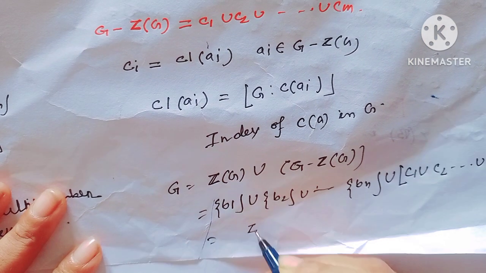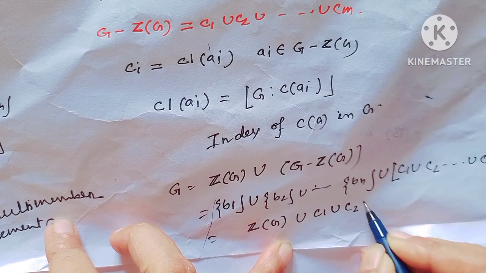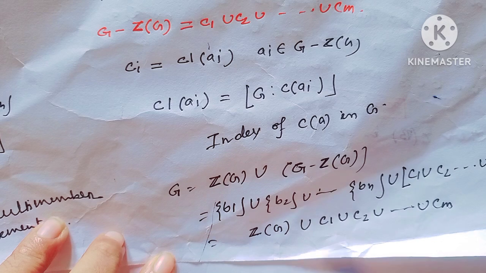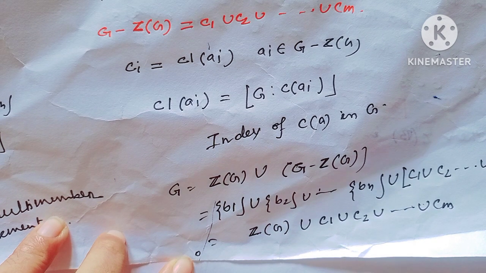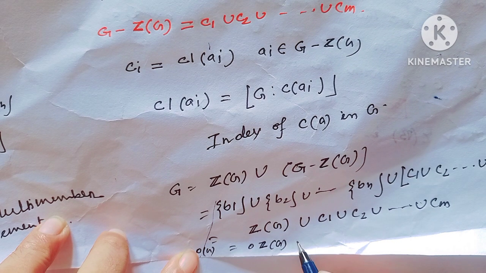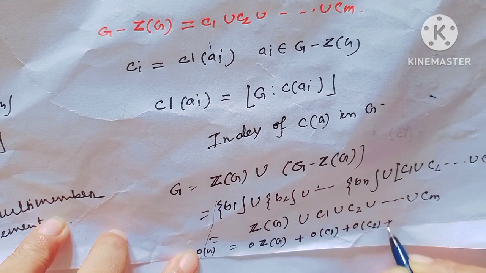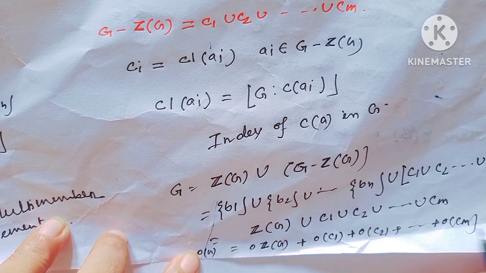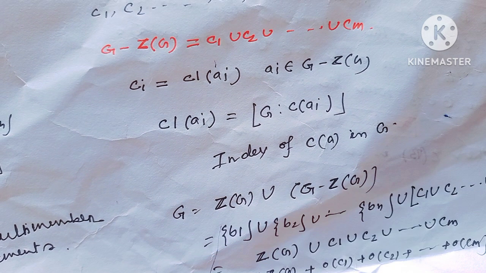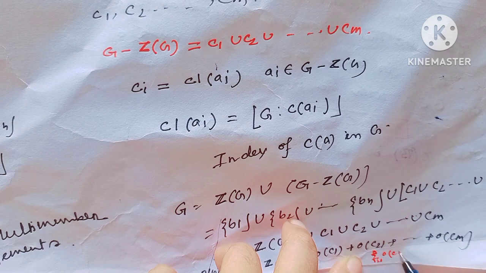This is equal to Z(G) union C1 union C2 union Cm, and the order of G we can write as the order of Z(G) plus the order of C1 plus the order of C2 up to the order of Cm, that is, the sum for i equal to 1 to m of the order of Ci.